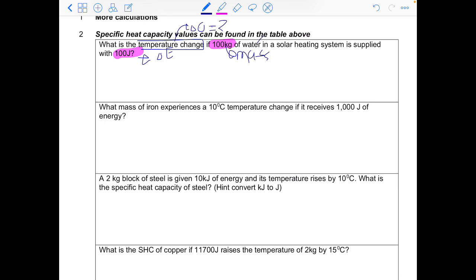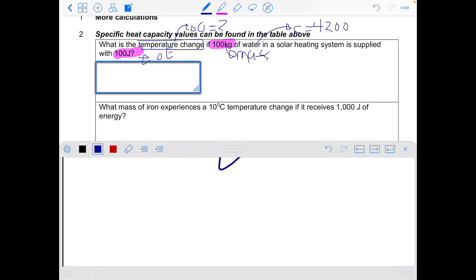And we know it's water. So we know our specific heat capacity from the table is 4,200 joules per kilogram degree Celsius. So with all of that, we can just go in and plug that into our formula. So our change in energy is equal to mass times our specific heat capacity times our change in temperature.